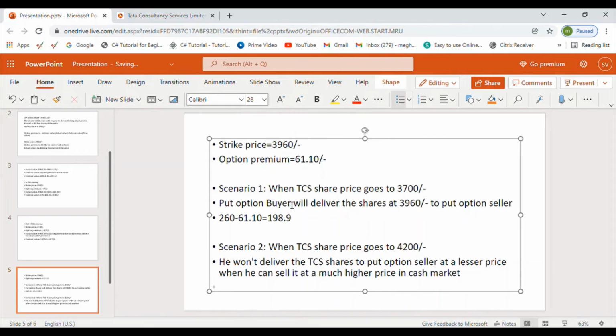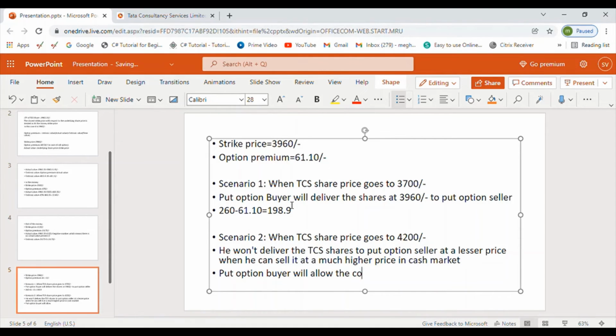So what he'll basically do is allow the contract to expire worthless. That means he will come out of the contract by squaring off his position.